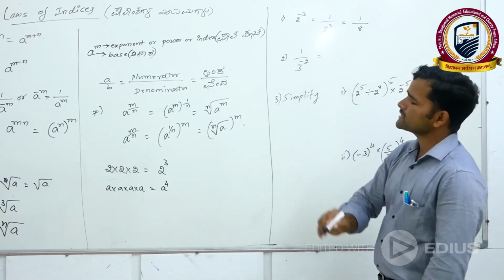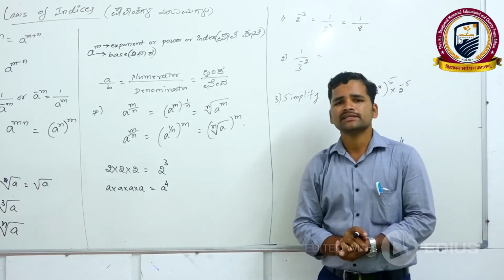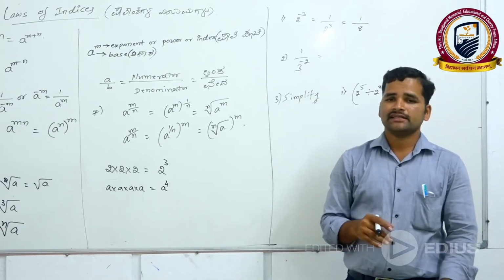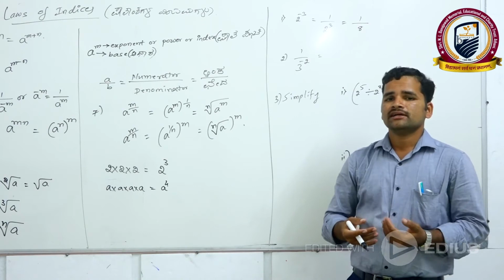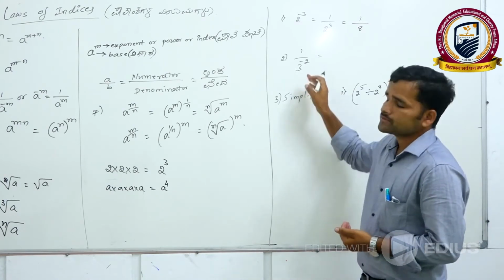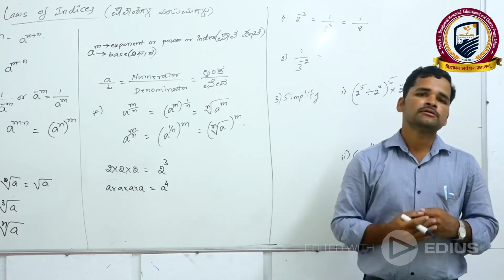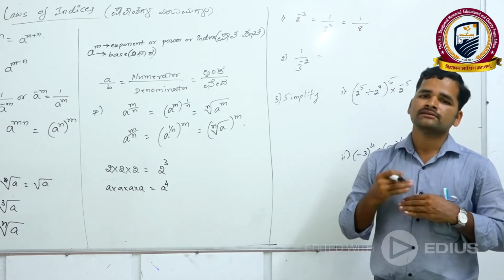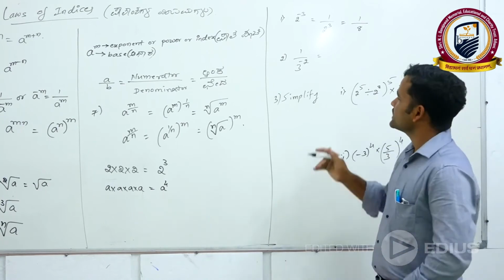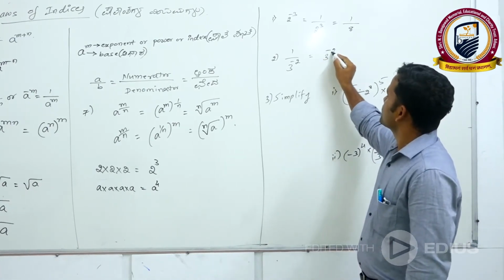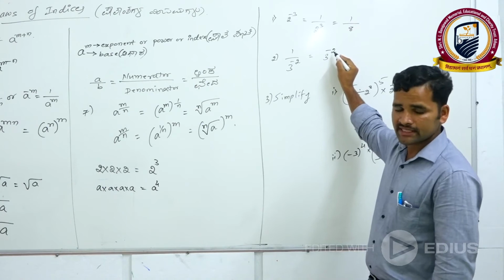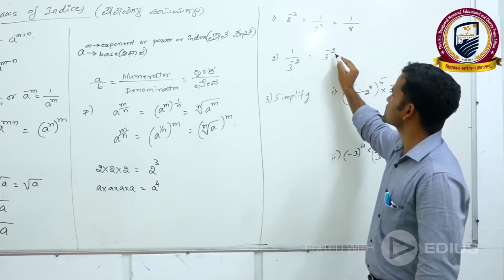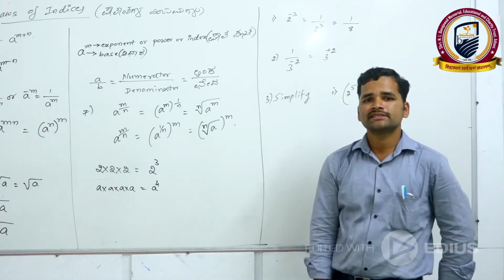Next, 1 by 3 to the power of minus 2. You observe here 3 to the power of minus 2 is in the denominator. Again, the same thing happens: I will take it to the numerator, that is, the term in the denominator is taken to the numerator. What happens to the sign of the exponent? Plus becomes minus and minus becomes plus. Here there is a minus, so this is nothing but 3 to the power of plus 2.